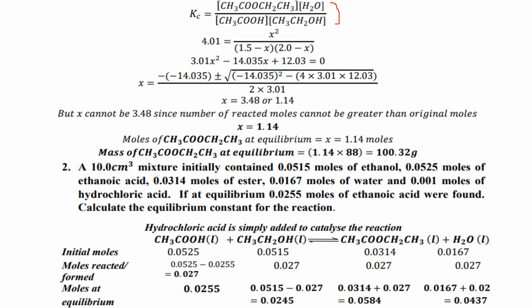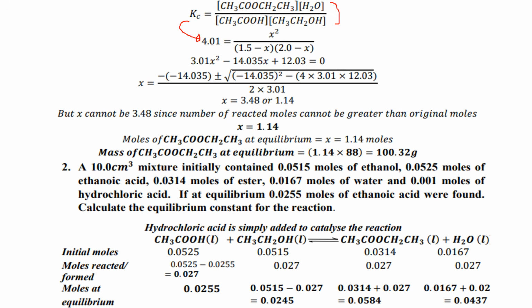So Kc, we calculated it, it's always a constant. And for that reaction, you saw in part A, it's 4.01. And here, we didn't use molar concentrations because whenever a question does not specify a given volume, you consider the number of moles at equilibrium to be your concentration.